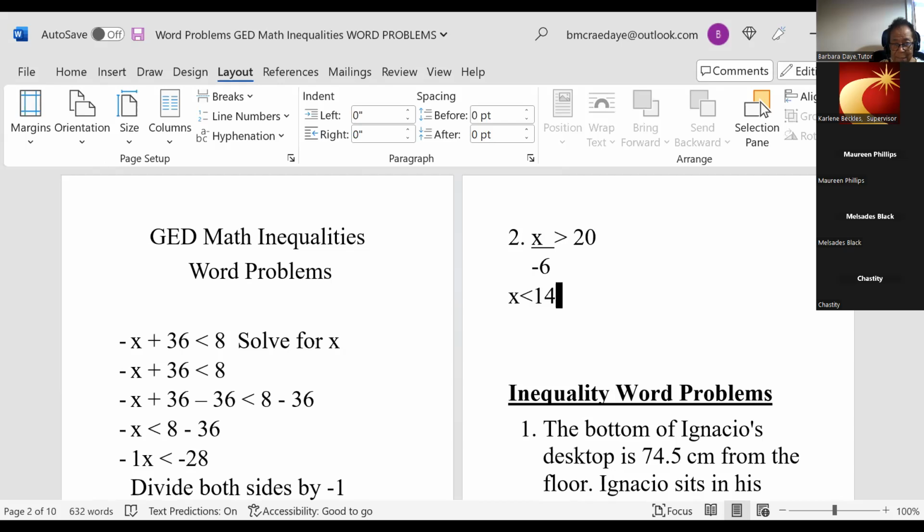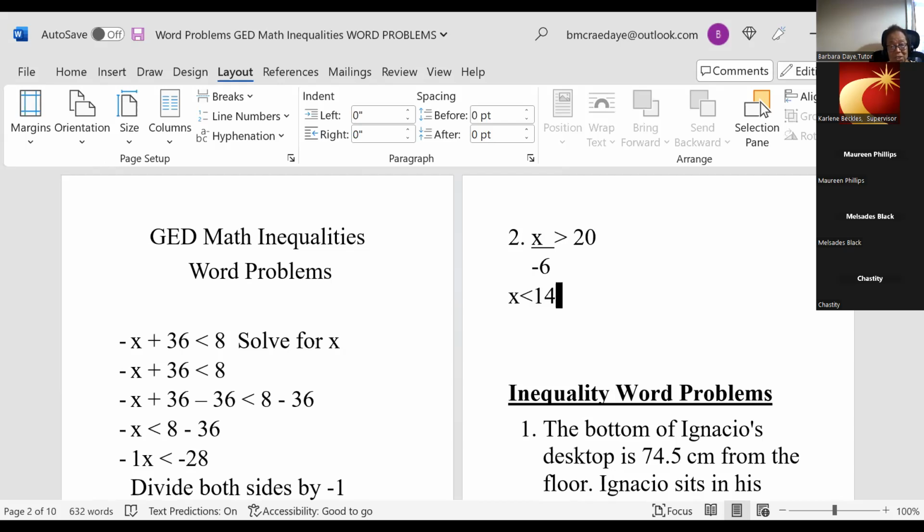Let me ask you, Mercedes, how did you get 14? Okay, I subtract 6 on both sides. Why would you subtract 6? You're dividing.